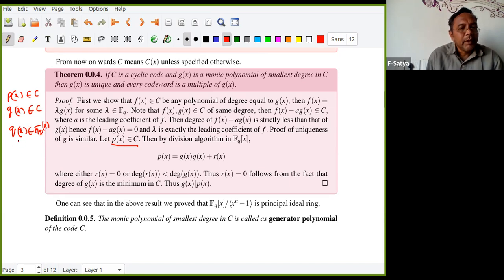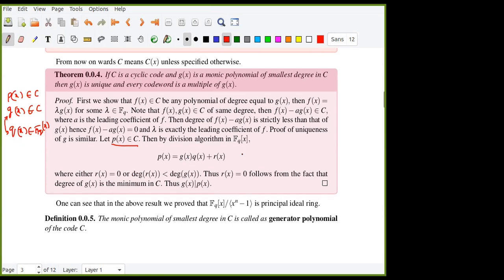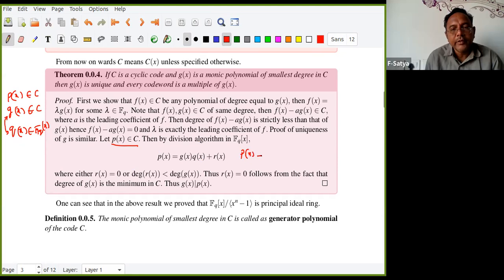Now what happens if I multiply these two, and p minus that? What is p(x)? Where does it belong?